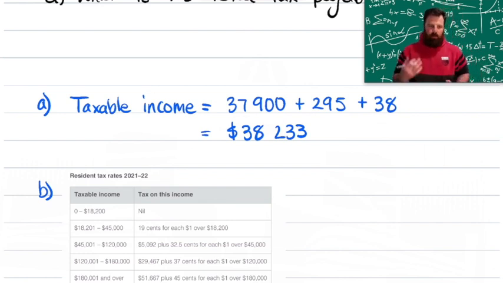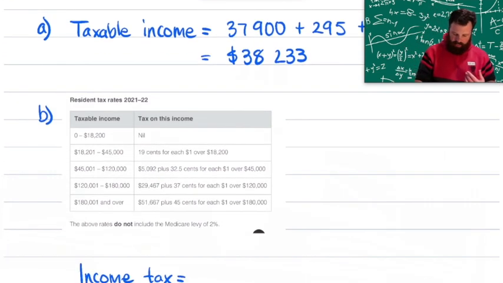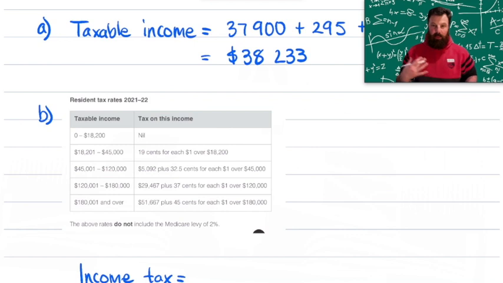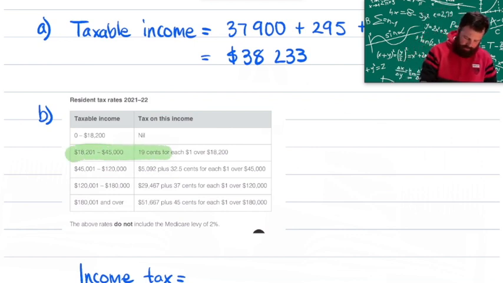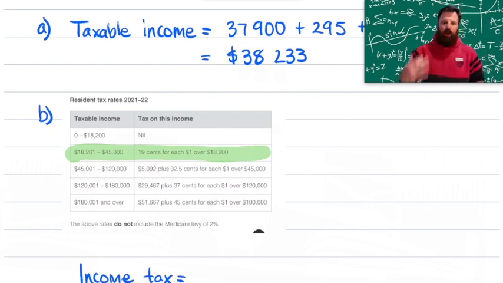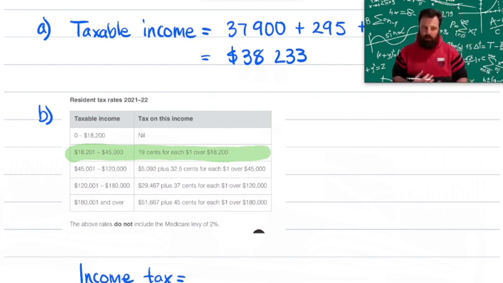$38,233. Now Part B asks us, what is John's income tax? Looking at our tax table, $38,233 falls into that second tax bracket, 19 cents for every dollar over 18,200.